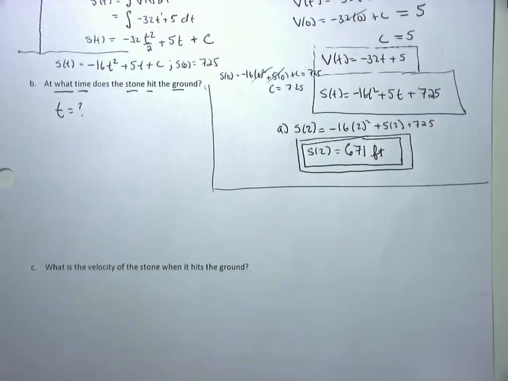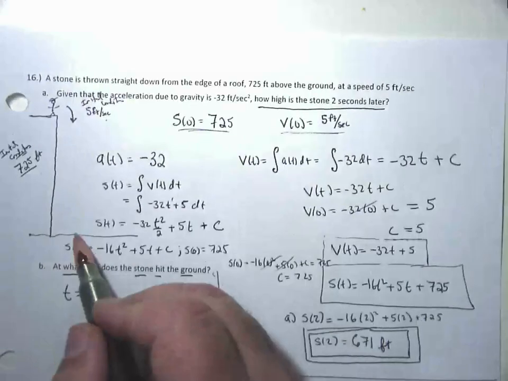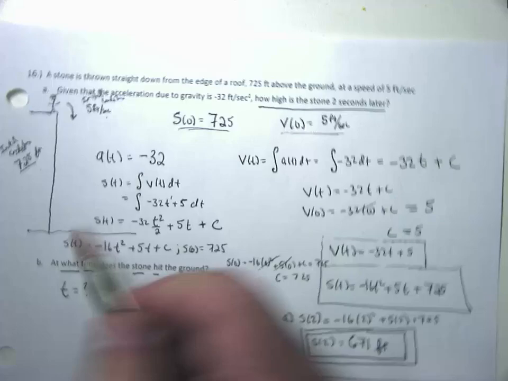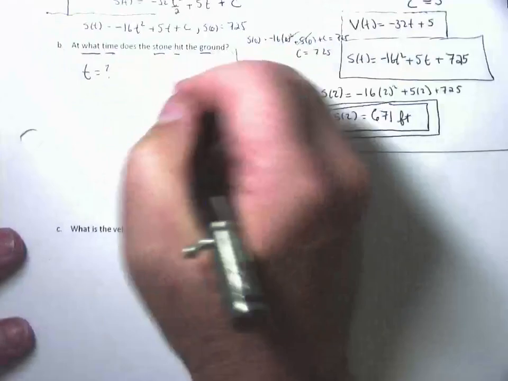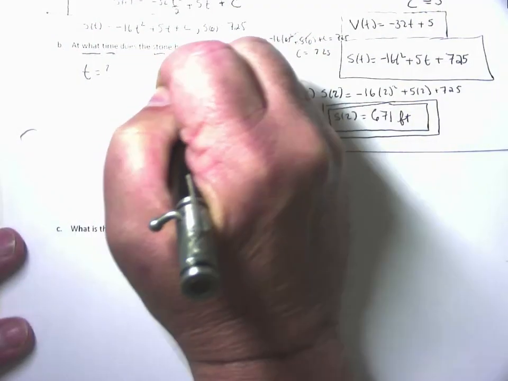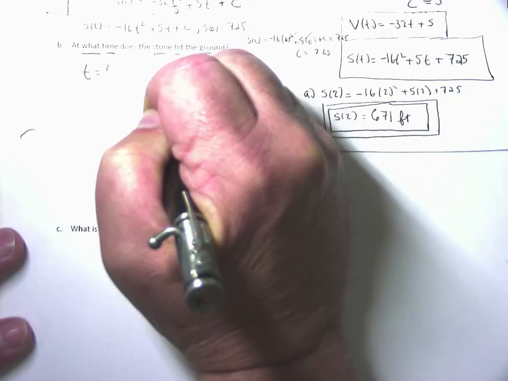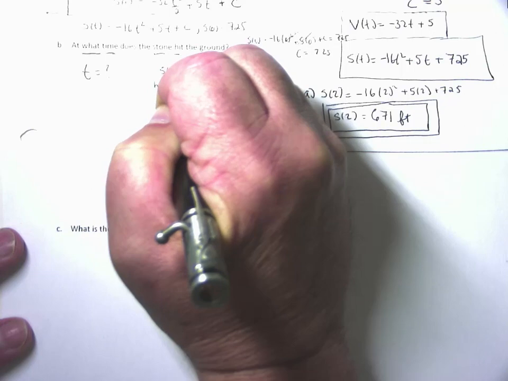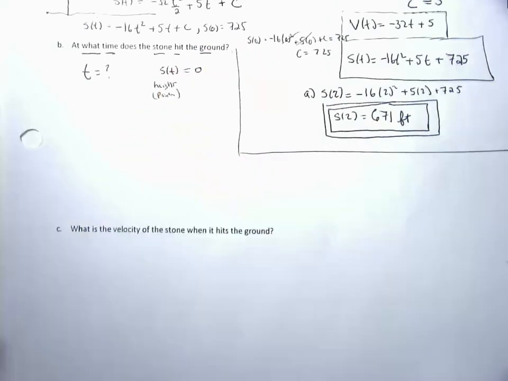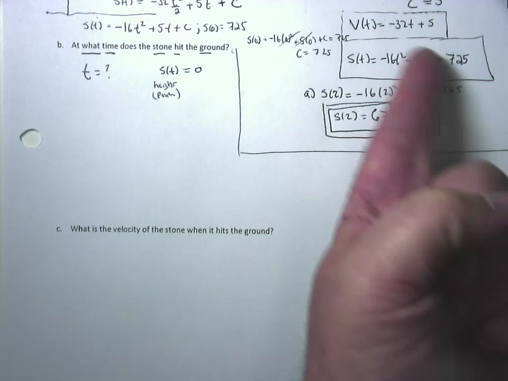When the stone hits the ground, here's ground level over here, what's the height? So stone hits the ground means the height, or position, equals 0. So it becomes an algebra question now, but you had to go get the height equation.